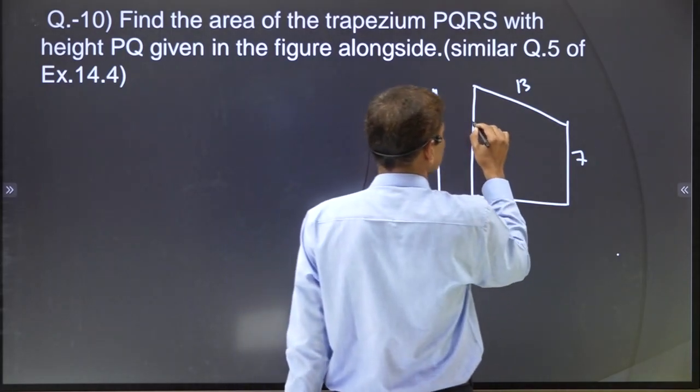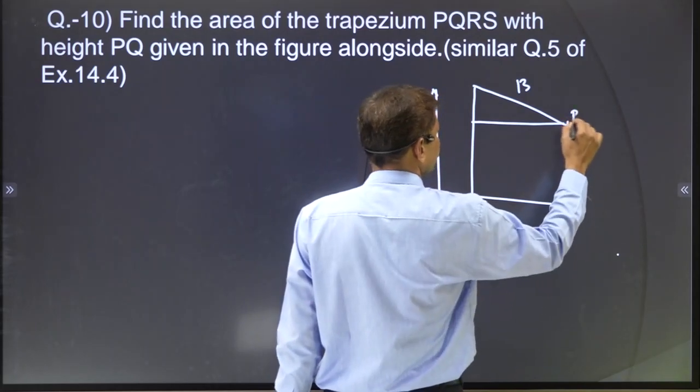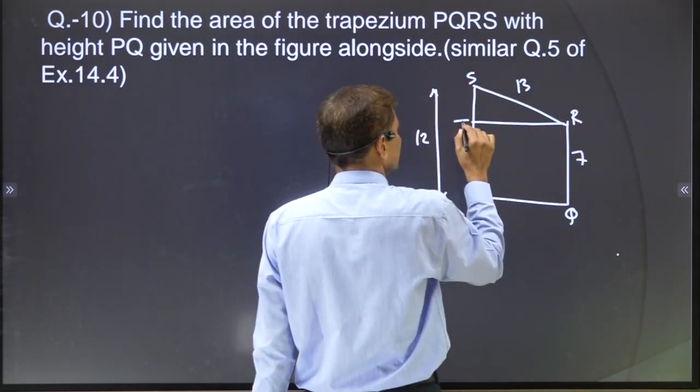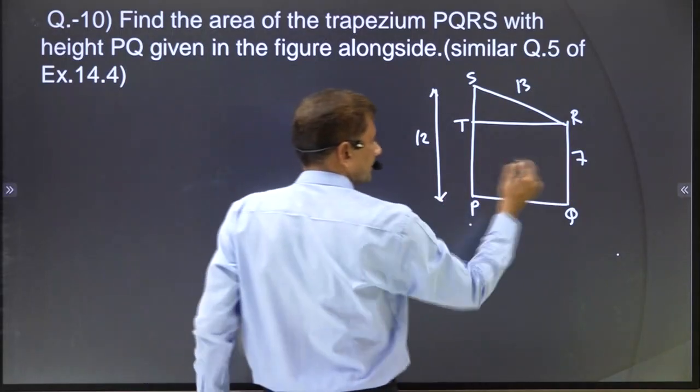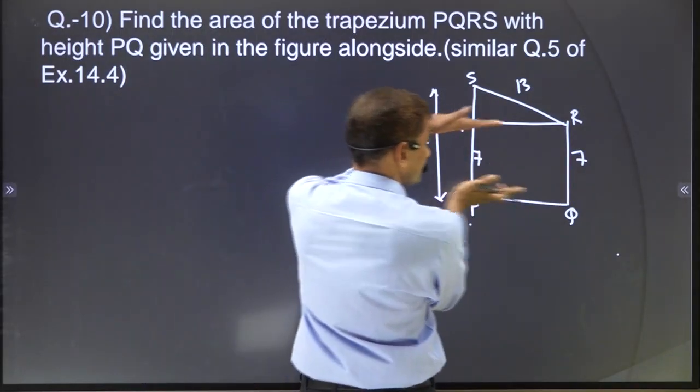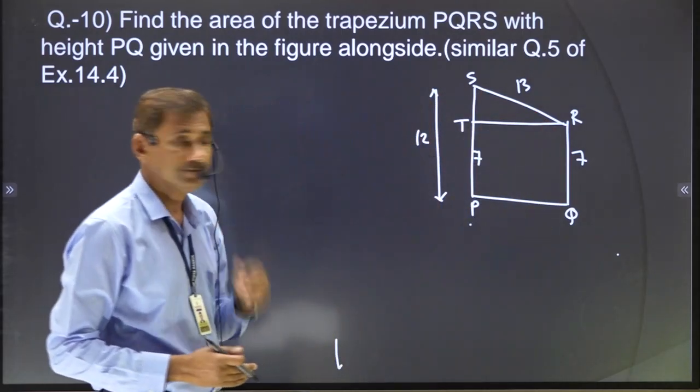So if you construct one thing here, and PQRS is already given here, suppose it is T, then 7, so again 7, because this line is drawn, so a rectangle is formed there.